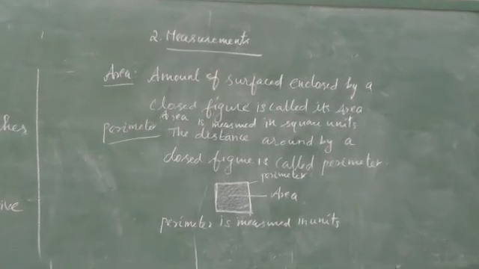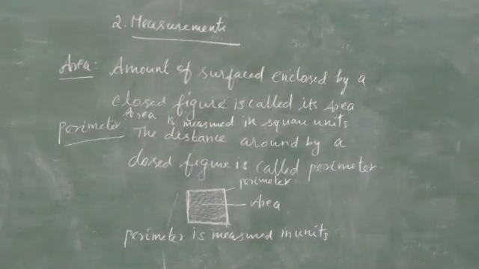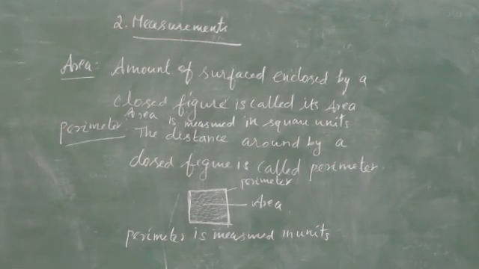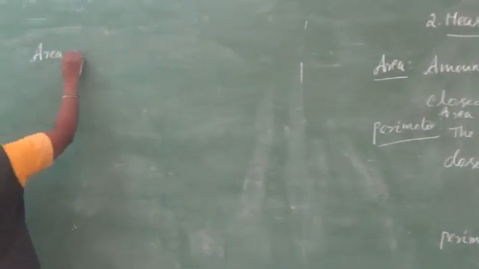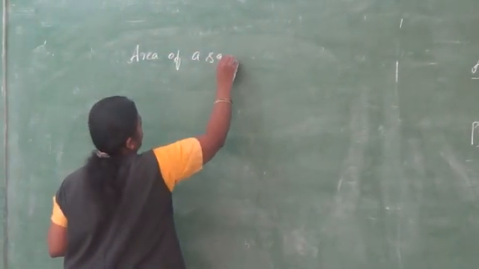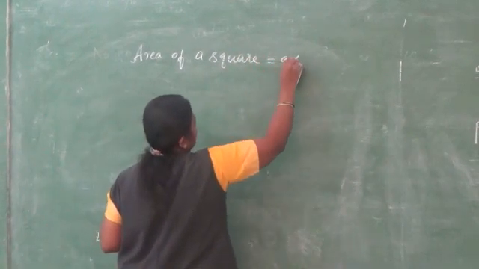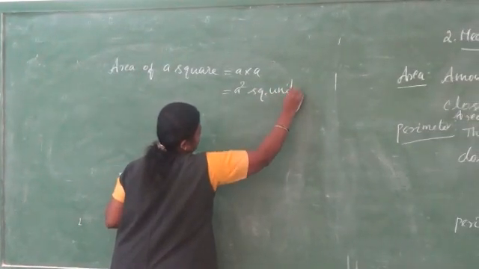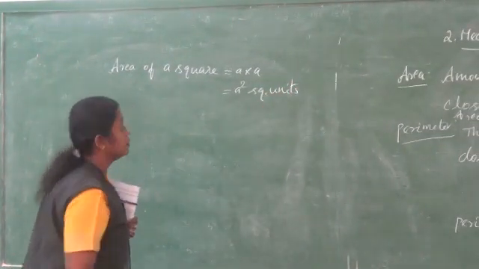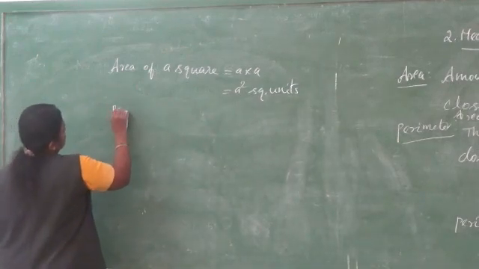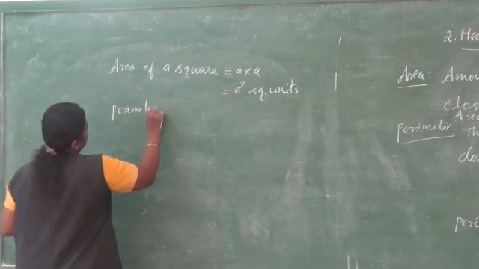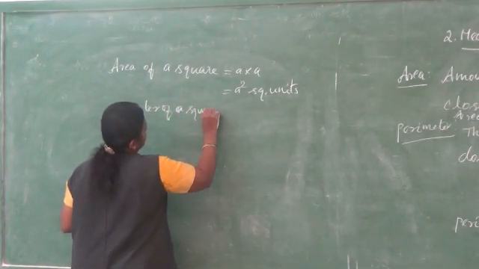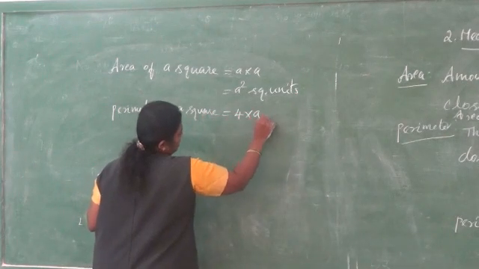You know very well because you did so many problems last year. Area of a square equal to A into A square units. Don't forget to write the units because unit is a must. Perimeter of a square equal to 4 into A.